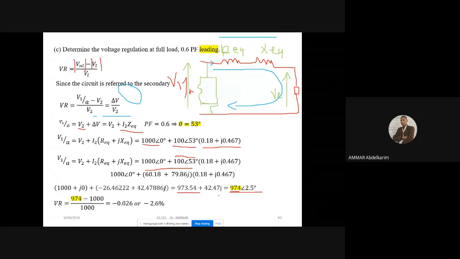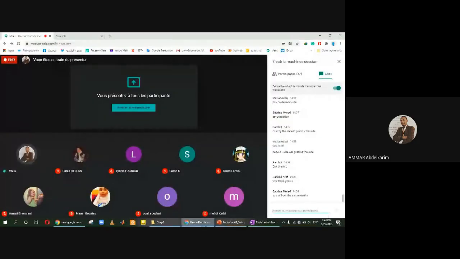So this is the voltage regulation. We can see that the voltage regulation is negative. It can be written like this, or as a percentage like this. So we work with a magnitude. Is it clear before passing to the next question?